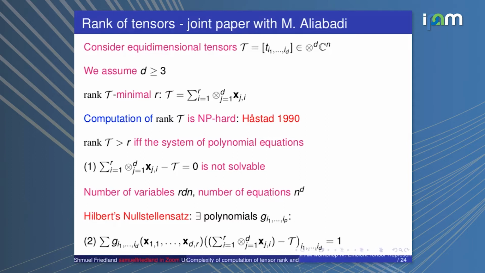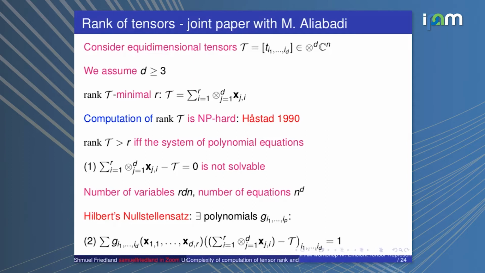So suppose that the rank of T is greater than R. What does it mean? Well, I take the sum of R rank 1 tensors with unknown coordinates, minus T, and this is equal to 0.